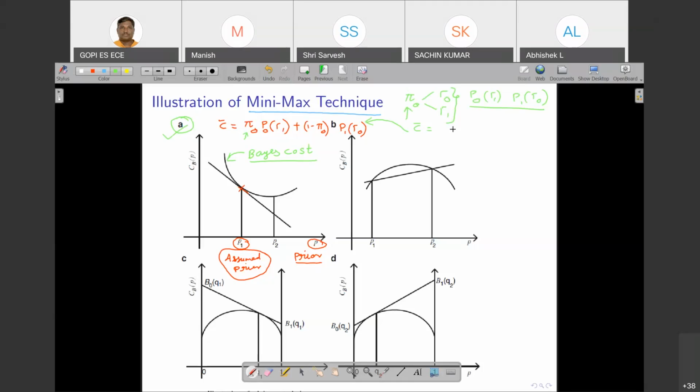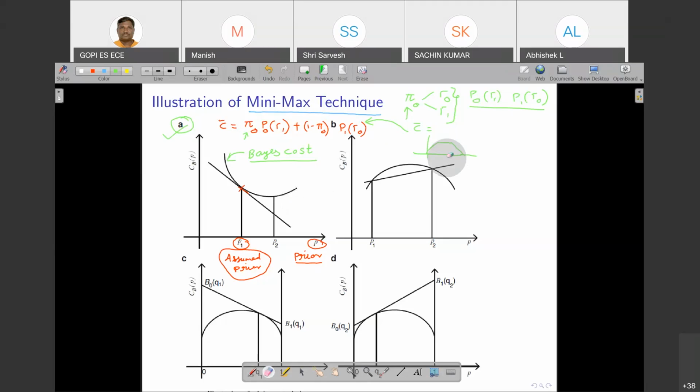So if I do so for every prior probability, I think we have seen this for the binary case. For the binary case, it looked like this: we had a positive slope, then a negative slope, and then one more slope. Three straight lines we got in the binary case.